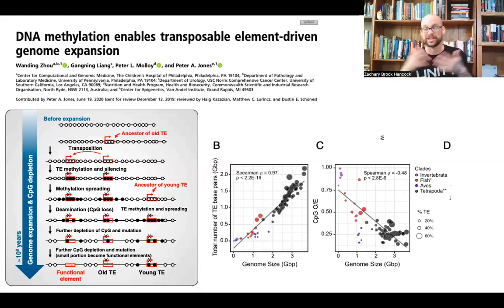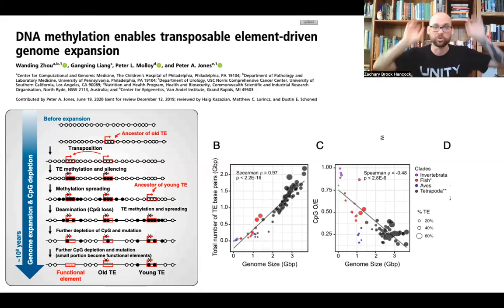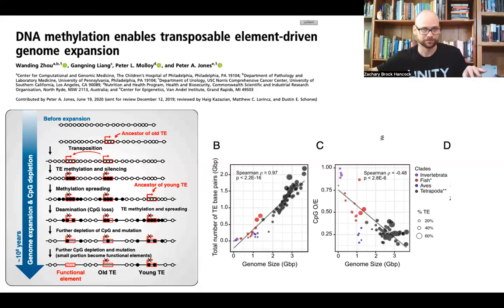Well, the idea goes is that ancestrally we had lots of CpG sites. And so transposable elements, they inserted into the genome. And when transposable elements are not silenced, they proliferate and they cause problems, right? So what you initially want to do is silence them. Well, that means you need to methylate the regions near their promoters. And so what would happen is if you get a transposon that inserts where there's a CpG site, then you can methylate it and silence it.